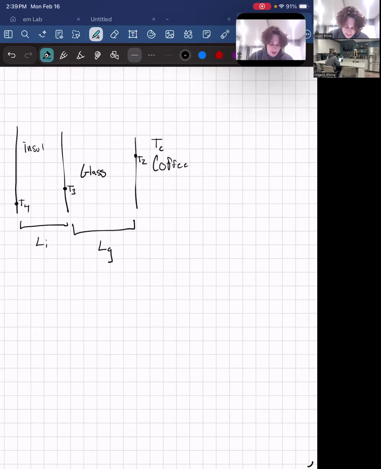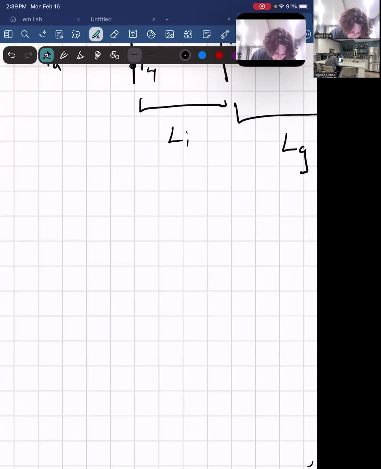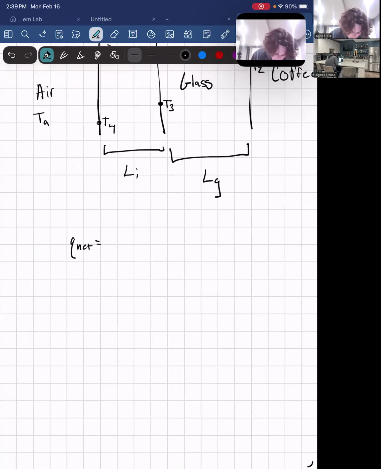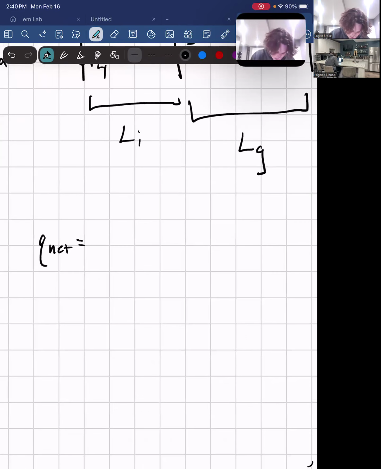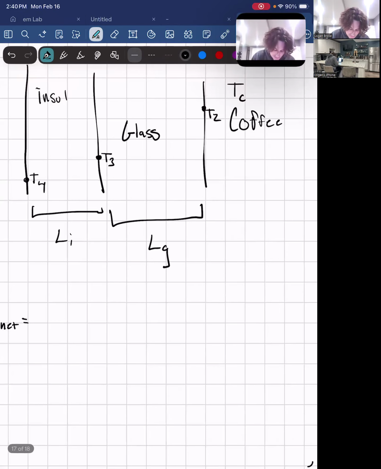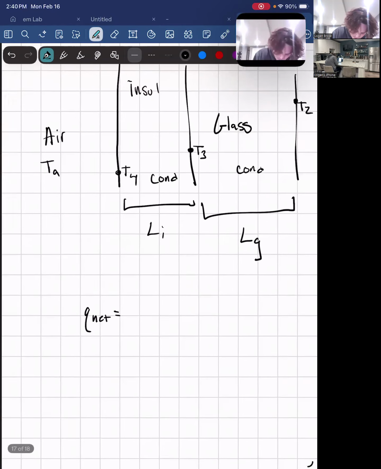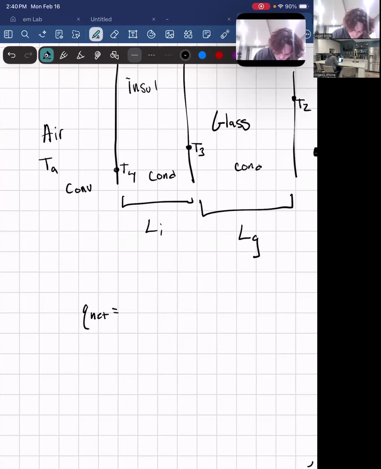So with this, we know a couple of things, right? We have our net heat here, which equals our different rules here. So we know we have convection in this section, we have conduction here, and convection through here, right?